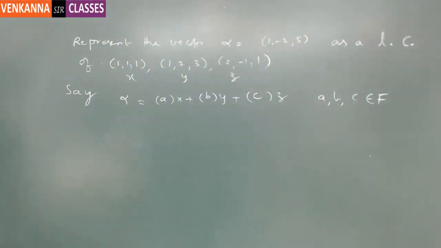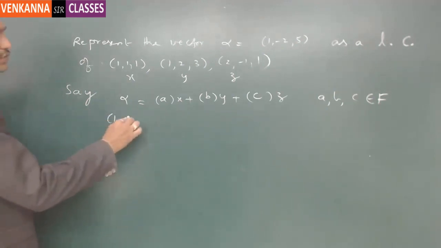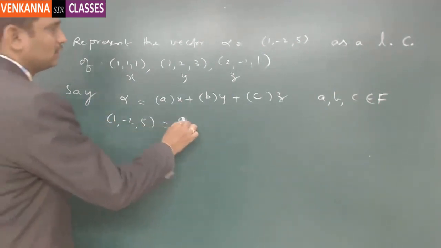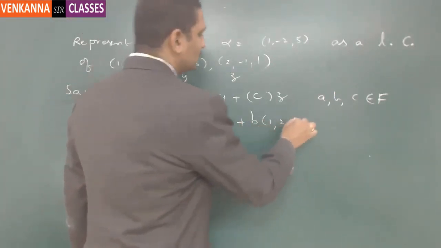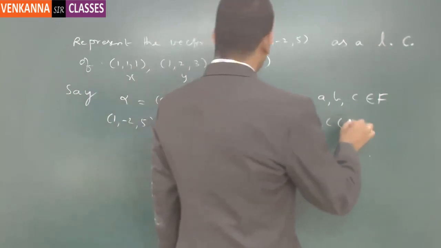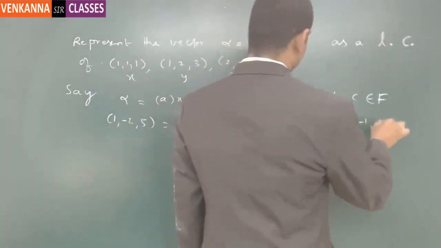Now I need to evaluate the values of a, b, c. So let us substitute the values. (1, minus 2, 5) is equal to a into (1, 1, 1) plus b into (1, 2, 3) plus c into (2, minus 1, 1).